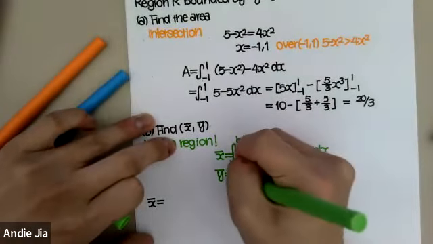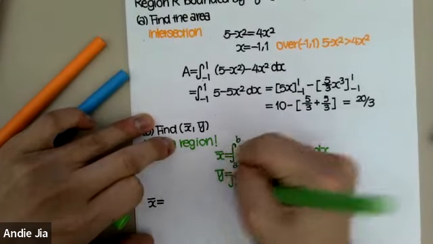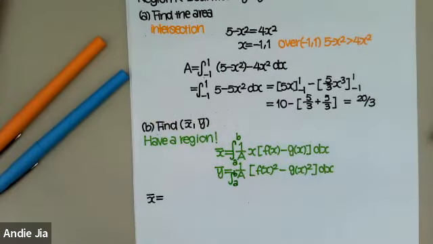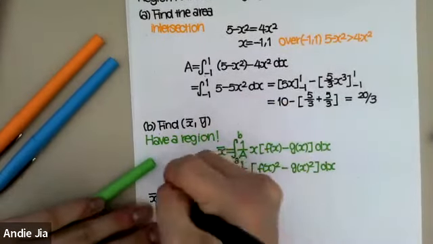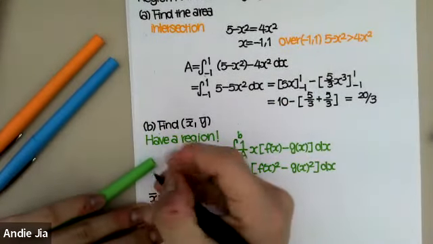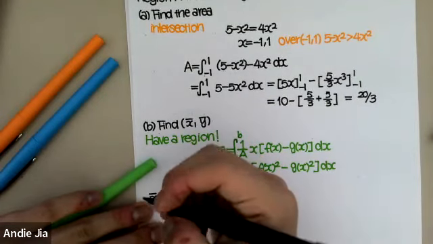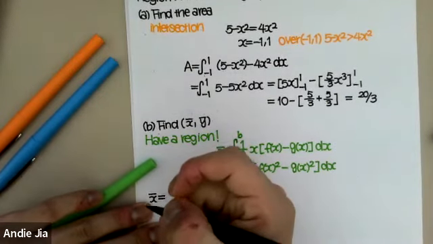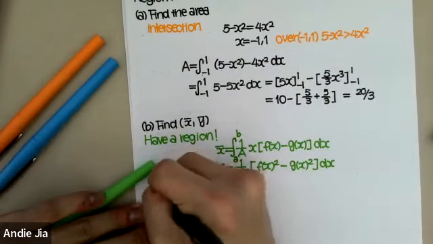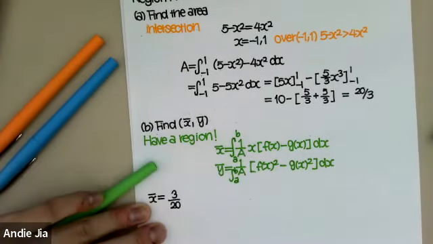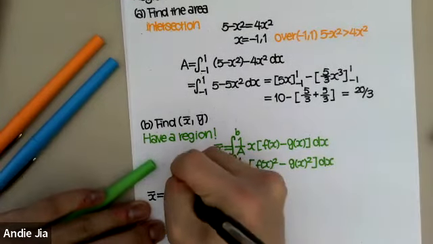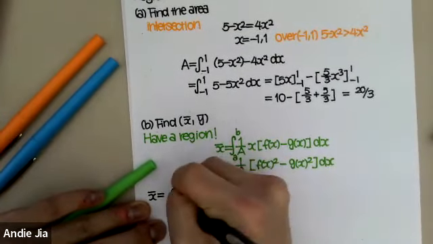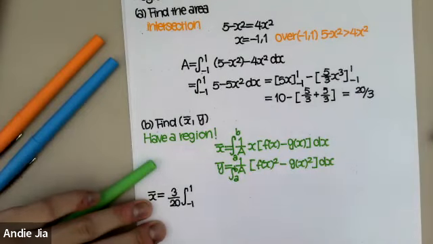Don't forget the integral here. I apologize if I'm making a mistake. So it's going to be 3 over 20, and the bounds are going to be 1 and negative 1.